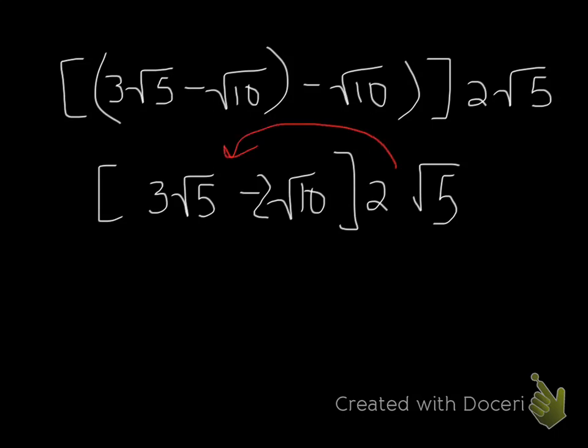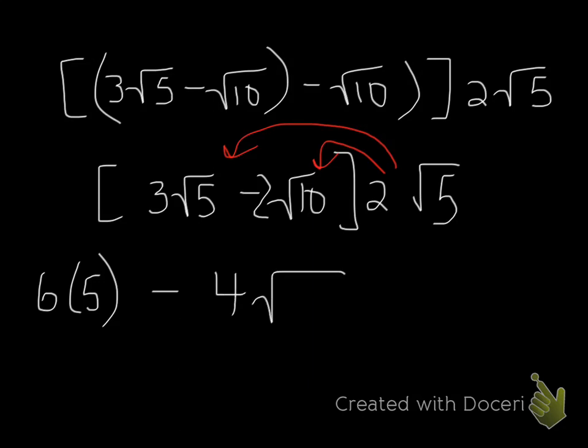Distribute now through the brackets. Multiply in the correct manner. 6 root 5 times root 5 is 5 minus 4 root 50.